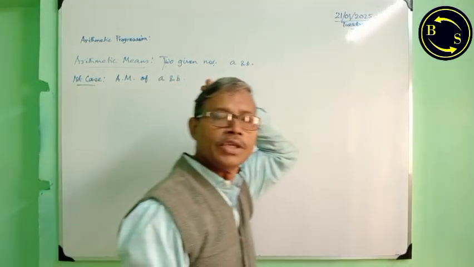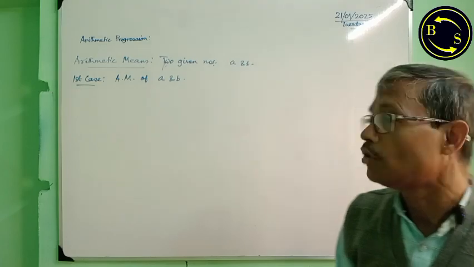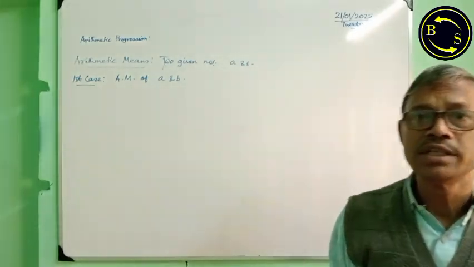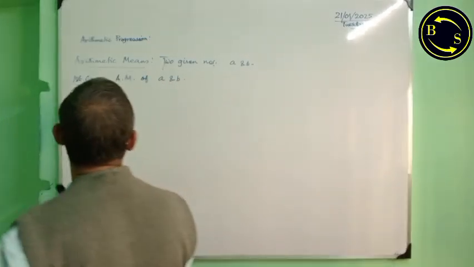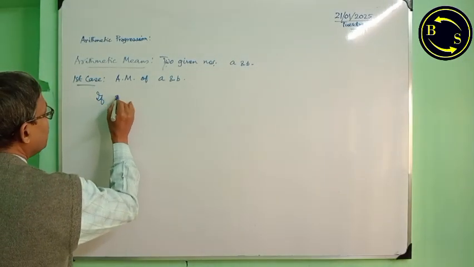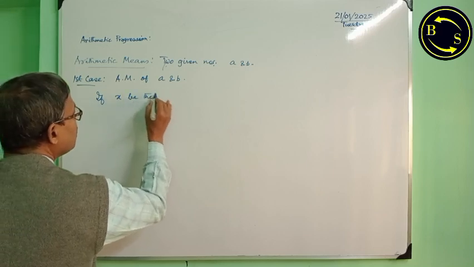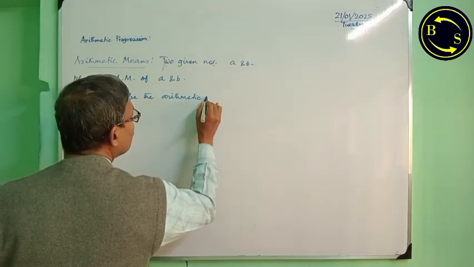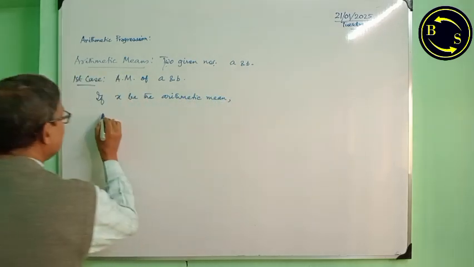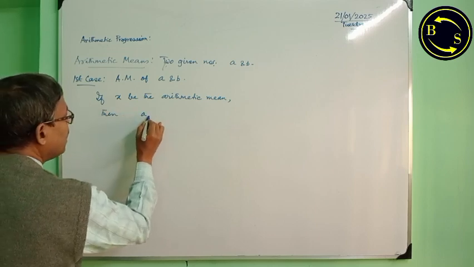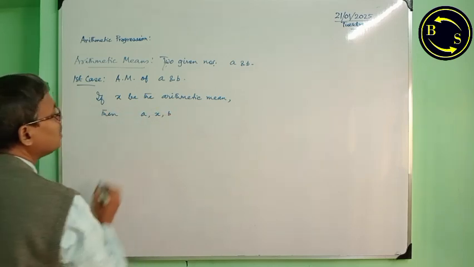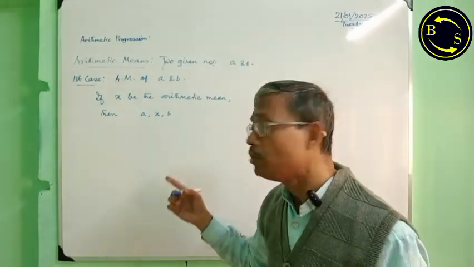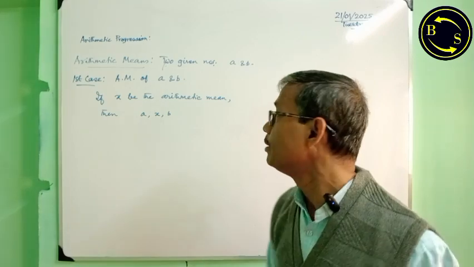You have learned in earlier class average of A and B. In this case, the average of A and B is the arithmetic mean. If x be the arithmetic mean, then a, x, b. From the term mean, it is clear that the arithmetic mean will lie in between the two numbers a and b.